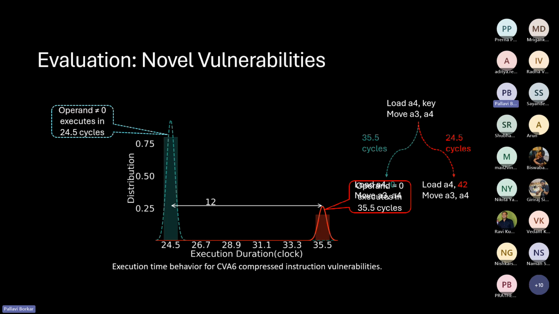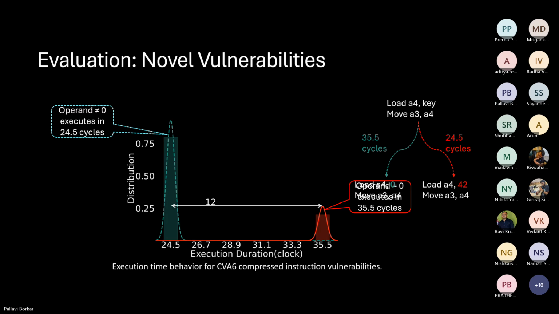So how can this timing difference be used to extract some confidential data? Consider a sample program, which is a cryptographic program, running on this processor. This crypto program loads a key and then moves this key value from one register to another. This move instruction is a compressed instruction.